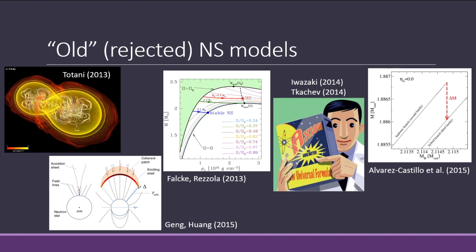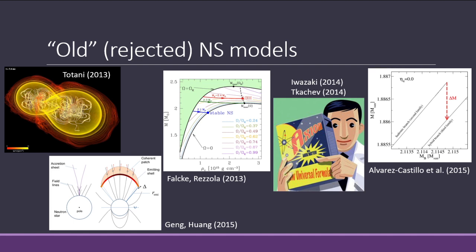It can collapse to a black hole, or it can collapse to another neutron star. Typically, we discuss collapse to a black hole in the case of supramassive neutron stars. And this, as was suggested by Falcke and Rezzolla, can result in a fast radio burst. Then this model of axion clouds was suggested independently by two papers, by Igor Tkachev and by Iwazaki.